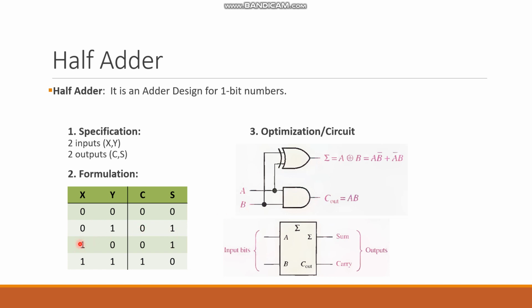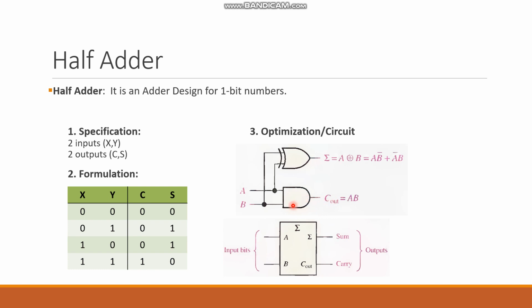The same applies for 1, 0: the XOR is 1, the AND gate is 0. 1, 1: in the XOR it is 0, so the summation is 0. 1, 1 in the AND gate is 1, so the carry is 1, because the carry is taken from the AND gate.